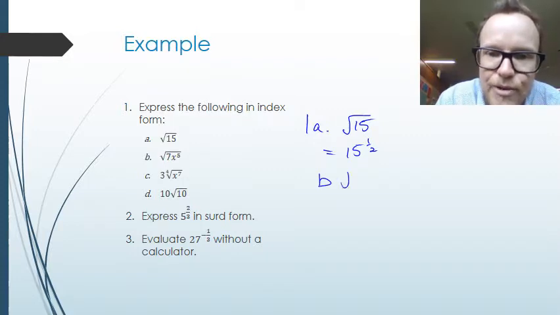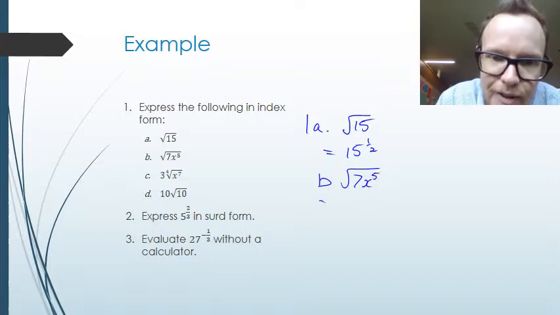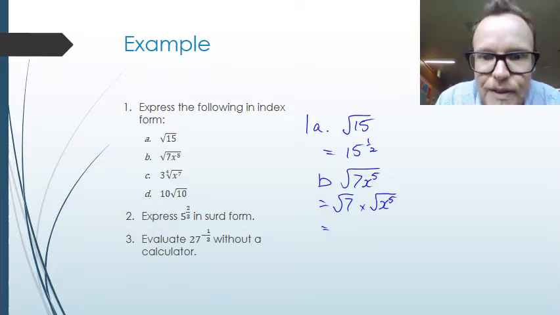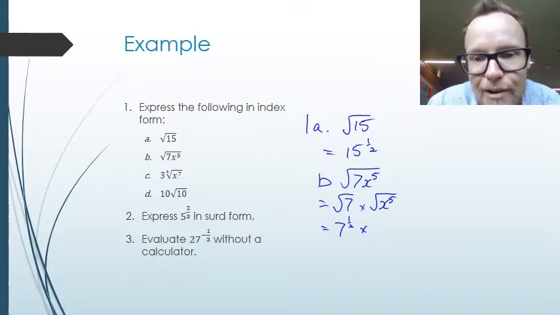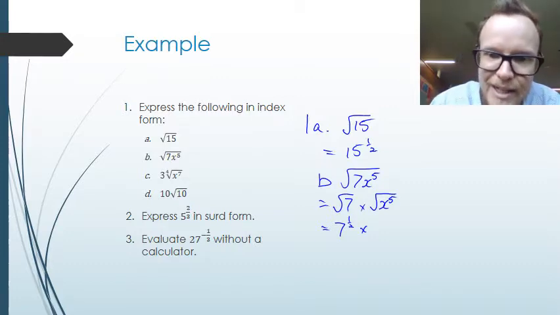For b, we've got here the square root of 7x to the power of 5. Now this is the same as the square root of 7 times the square root of x to the power of 5. So in this case, the square root is 7 to the power of 1/2. And our x to the power of 5 is also going to be taking the square root.